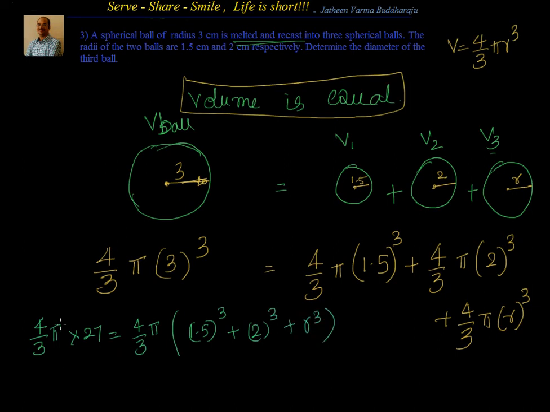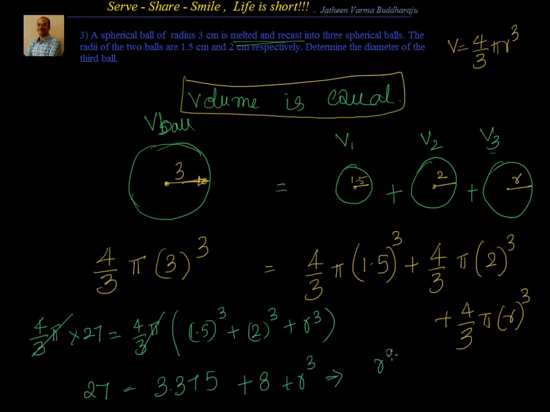We have to calculate the value of r. I can cancel 4 pi by 3 on both sides. I will have 27 equal to 1.5 cube, which is 15 15s are 225, 225 15s are 3375, so 3.375, plus 2 cube is 8, plus r cube.